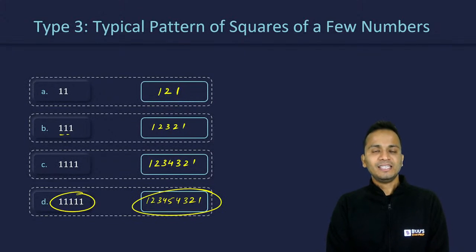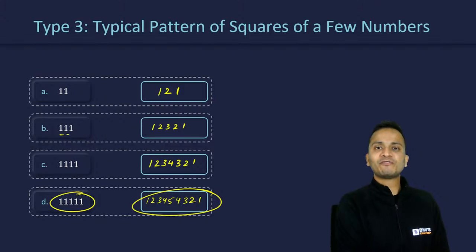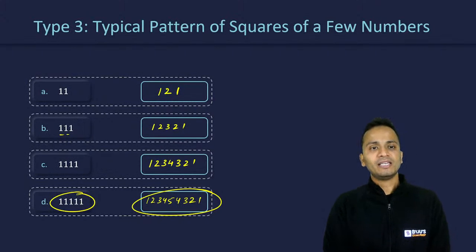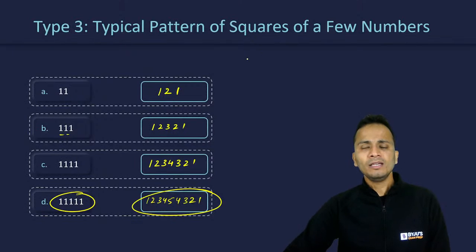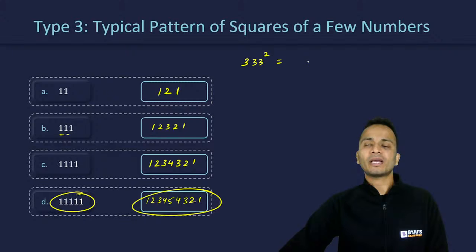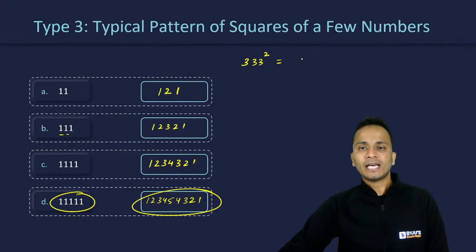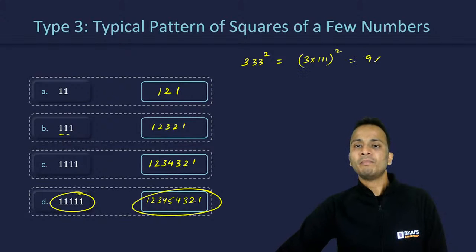All right? So whenever these types of numbers come in front of you, you can easily calculate the answer. Where will these be helpful? Let's say you have to find the square of 333. I can write it as 3 multiplied by 111, whole square, that is 9 multiplied by 111 square.